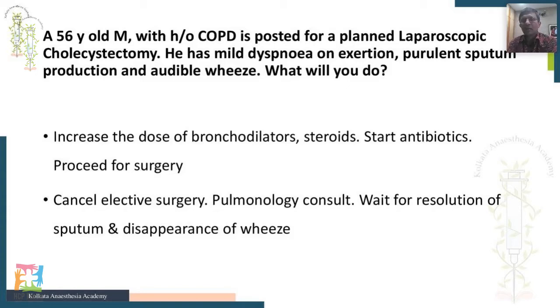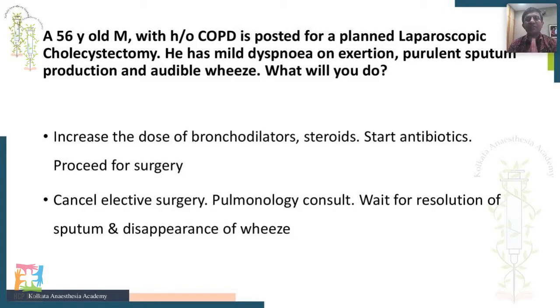And the next poll is, you have to choose between these two. A 56-year-old male with a history of COPD is posted for a planned laparoscopic cholecystectomy.